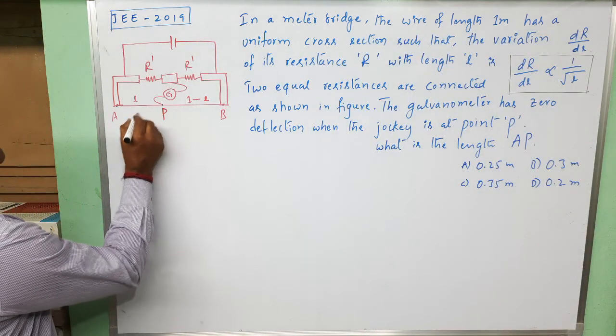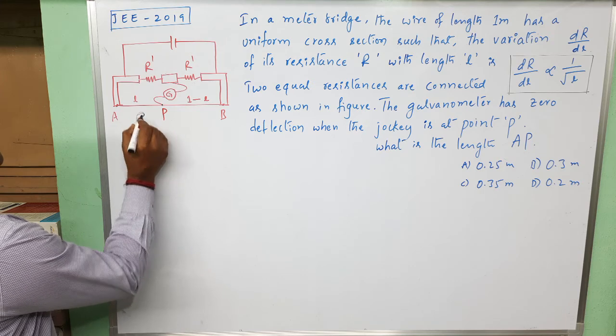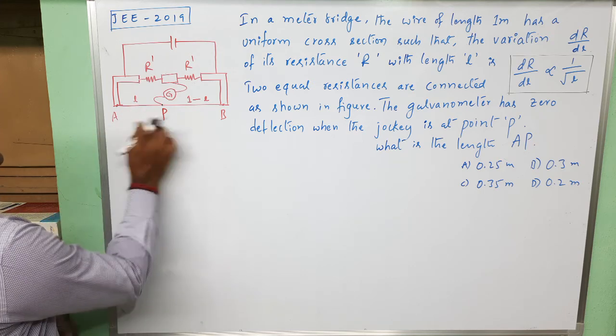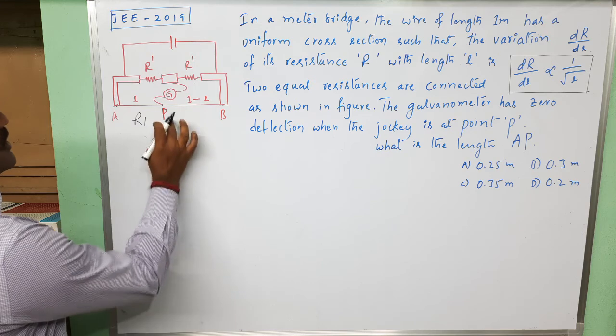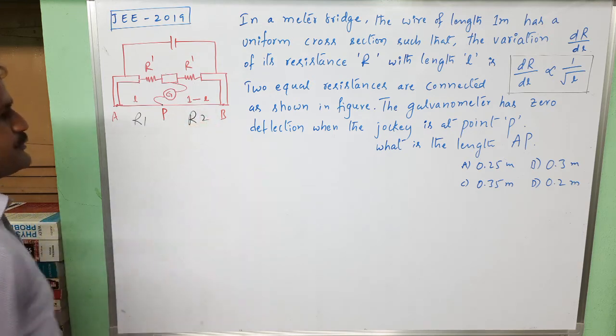I am considering the resistance of the wire from point A to P as R1 and P to B as R2.